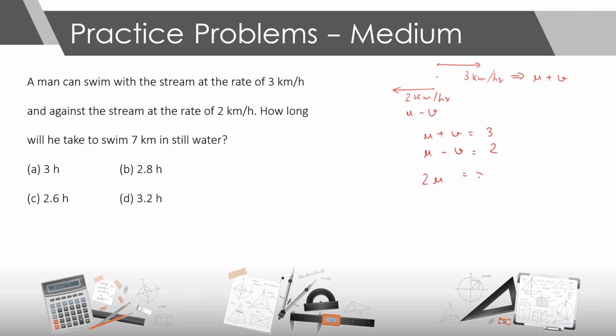So 2u is equal to 5. So speed in still water is 2.5 kilometers per hour. The distance is 7 kilometers. So what will be the time taken? Time is equal to distance upon speed. So this comes out to be 28 upon 10. So 2.8 hours.